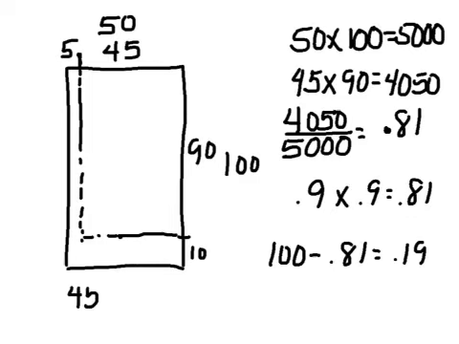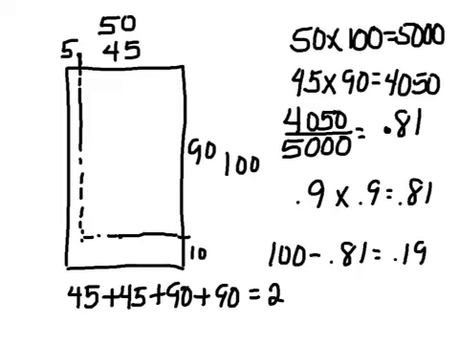45 plus 45 plus 90 plus 90 equals, drum roll please, 270. Compare that to our original perimeter of 50 plus 50 plus 100 plus 100, which gave us 300.